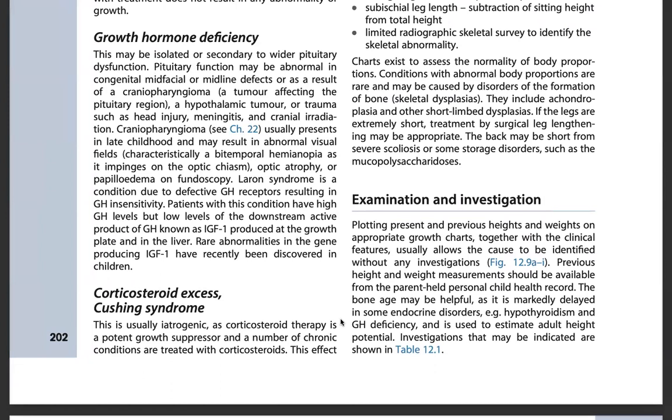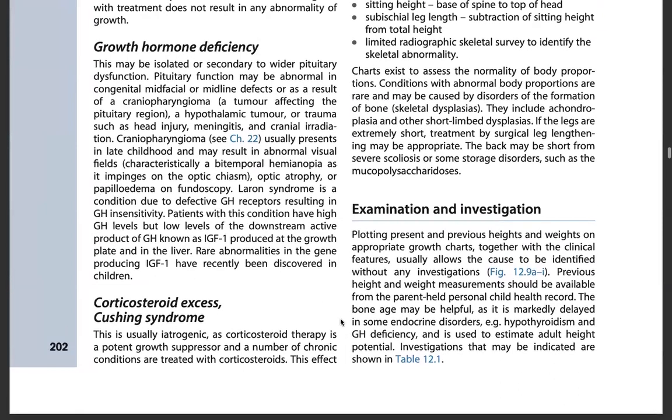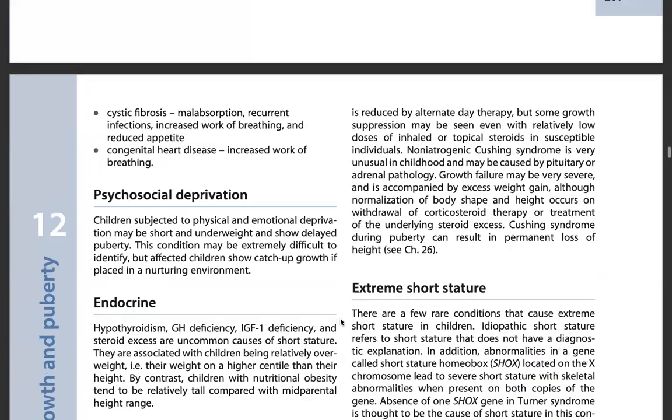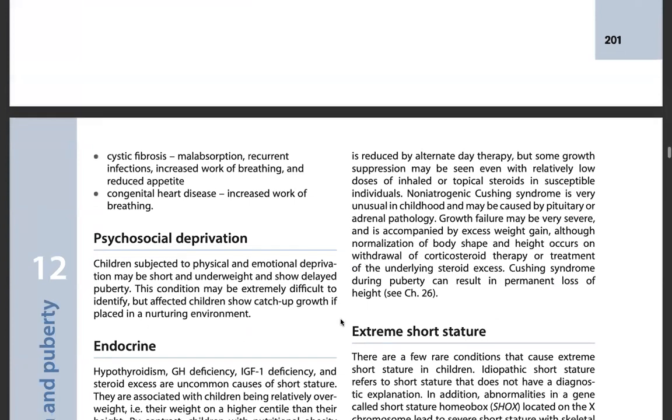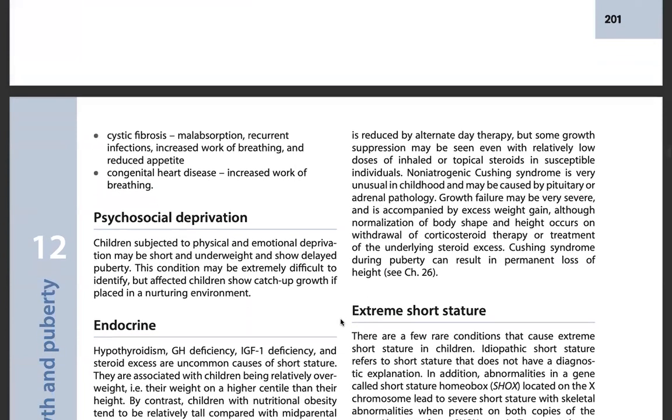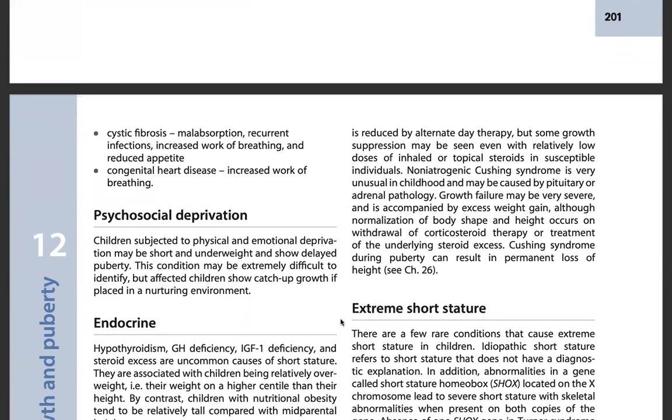Corticosteroid axis, Cushing syndrome: this is usually iatrogenic, as corticosteroid therapy is a potent growth suppressor and a number of chronic conditions are treated with corticosteroids. This effect is reduced by alternate-day therapy, but some growth suppression may be seen even with relatively low doses of inhaled or topical steroids in susceptible individuals.